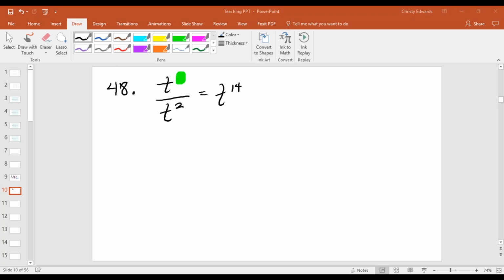If you were dividing and the bases were the same, we subtracted the exponents. So it would be something minus 2 is 14. So a couple of you have done 14 minus 2. But that's not what this is, right? This top thing minus the bottom thing got you 14. So try again. What's the top number?